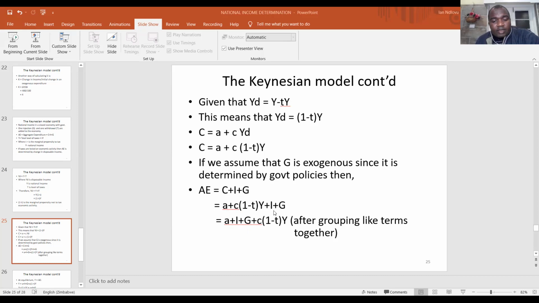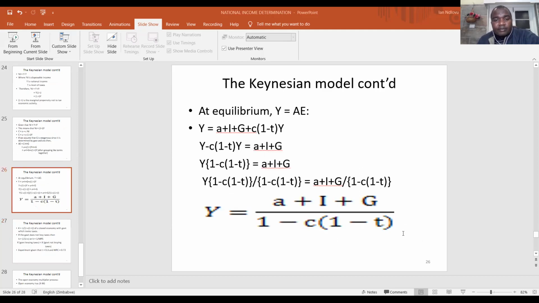So if we group like terms together, we group autonomous consumption together with I and G, we get a plus I plus G being our vertical intercept, plus c factor of 1 minus t multiplied by capital letter Y, which is the income-induced part of aggregate expenditure, I mean to say.